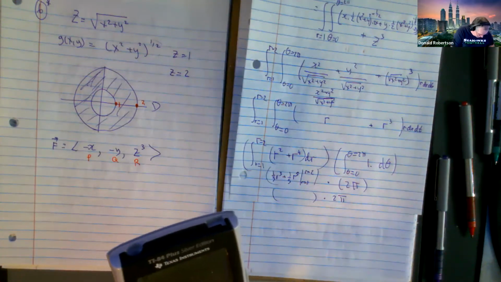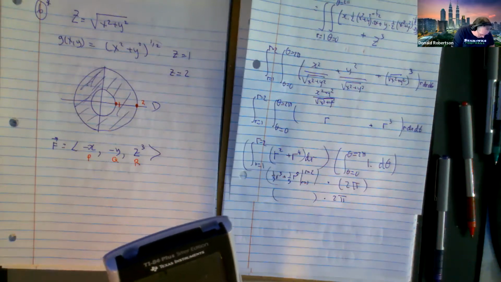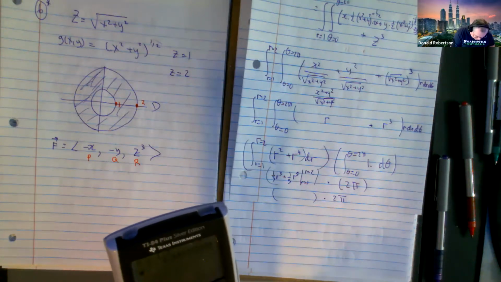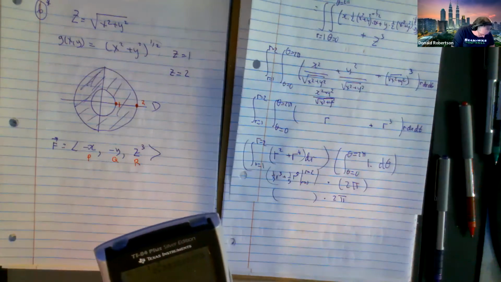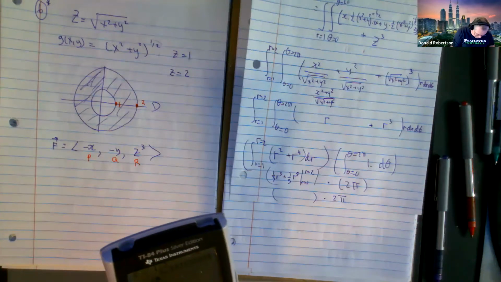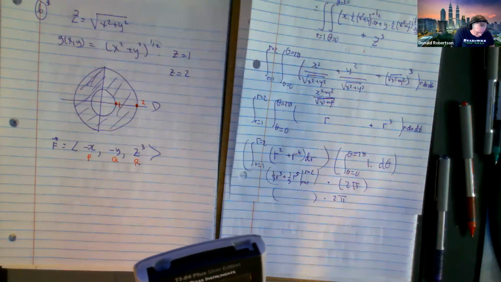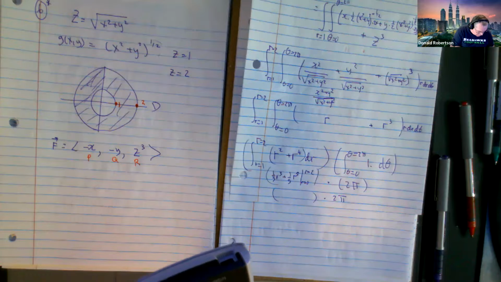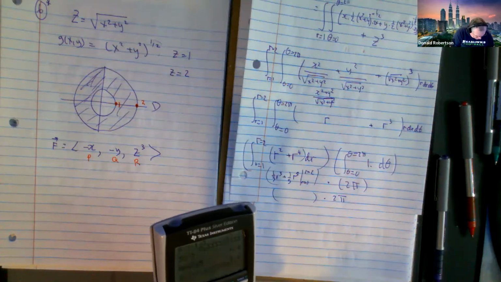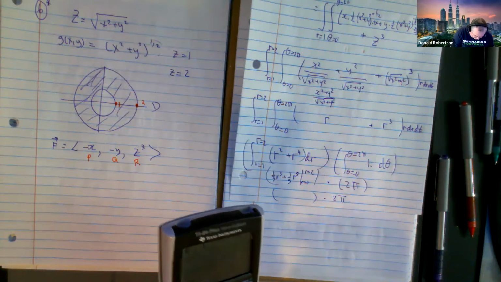2, 4, what's that? 8/3. Take away 1/3. You got that guy. 2, 4, 8, 32/5. Take away 1/5. I should have done that in one big go, but never mind. That's just not right.